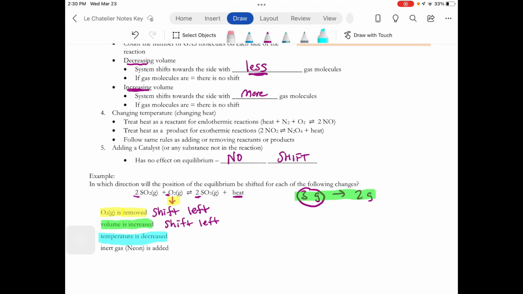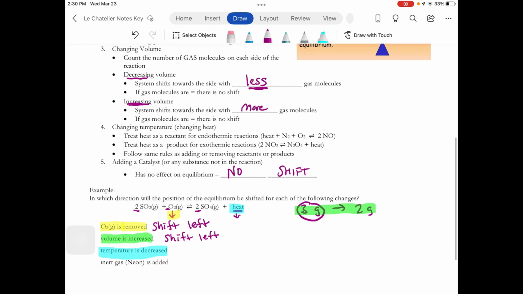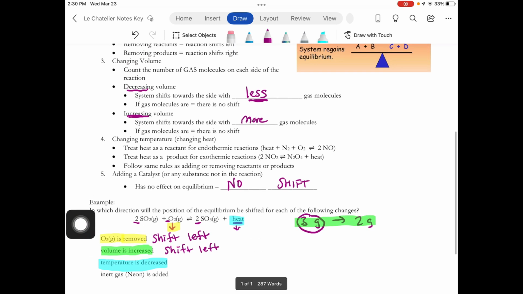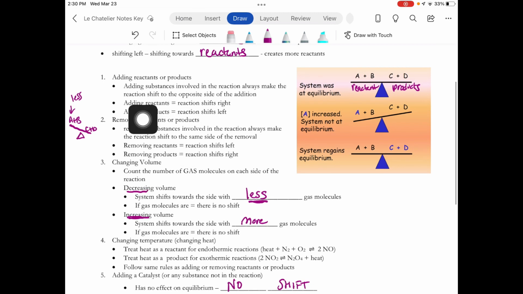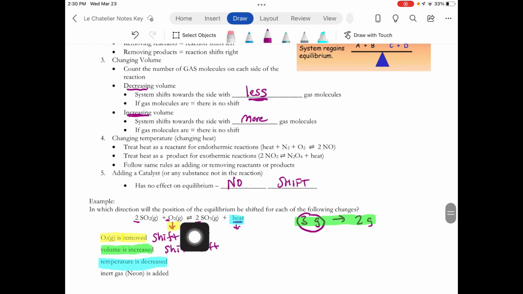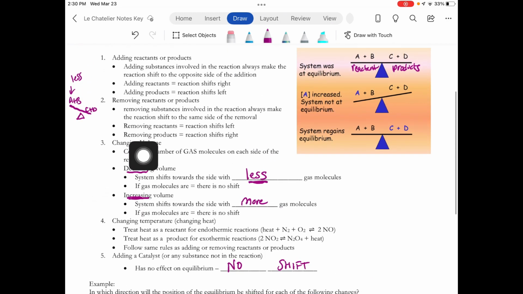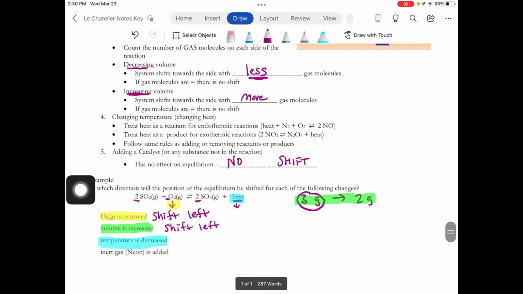Okay, so temperature is decreased. This is going down, so that's like removing the heat. We are removing it, and heat is on the right, so it's like a product. If we remove products, the reaction shifts to the right.